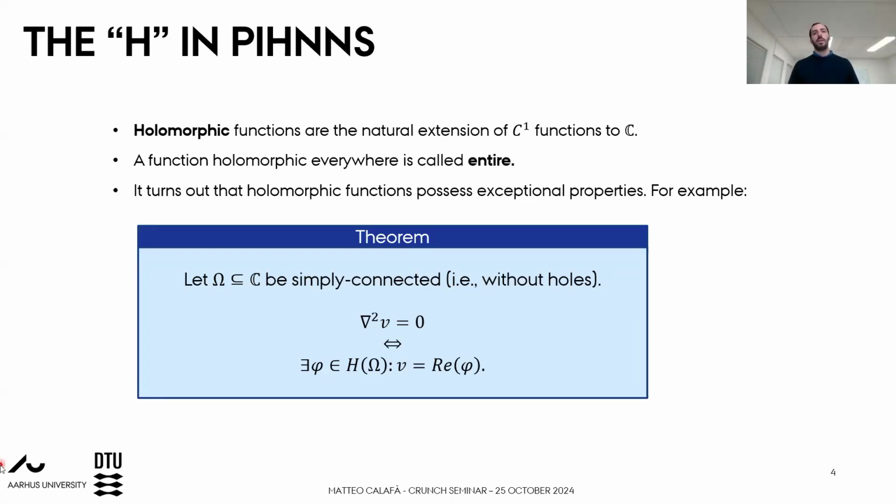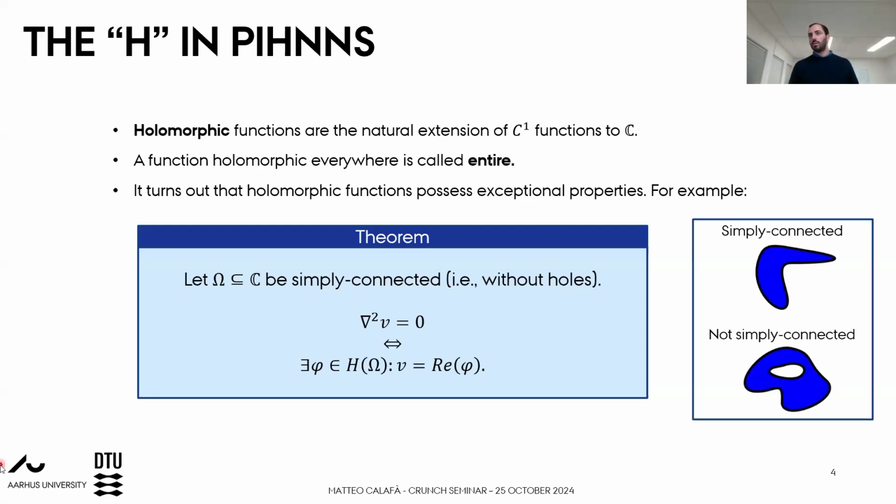If omega is a simply connected complex set, which means that it's a set essentially without any internal holes, a function v is harmonic, which means that the Laplacian of v is equal to 0, if and only if there exists a holomorphic function phi such that v is the real part of phi. Maybe most of you already know this result, but it's very surprising. It seems there is a very important connection between harmonic and holomorphic functions.